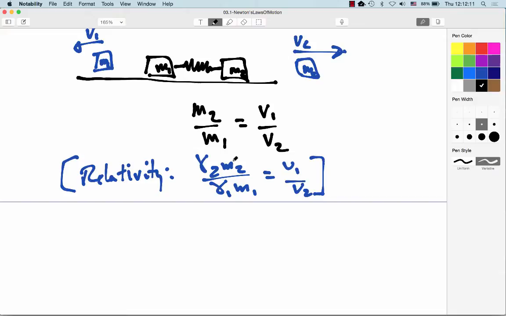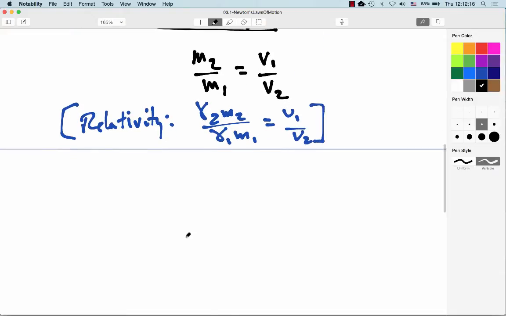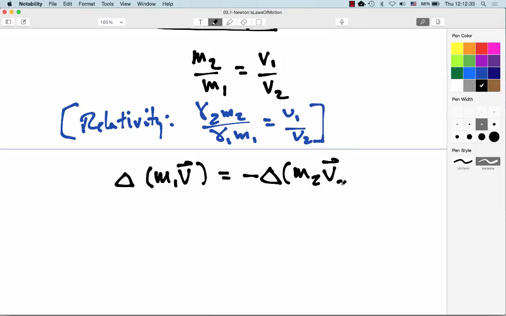So we can rearrange the definition a bit, and we can put it into vector form. We can say the change in m1 v1 is equal to the negative of the change in m2 v2. That's just rearranging Feynman's definition of mass and looking at the change in terms of the before and after in the recoil.